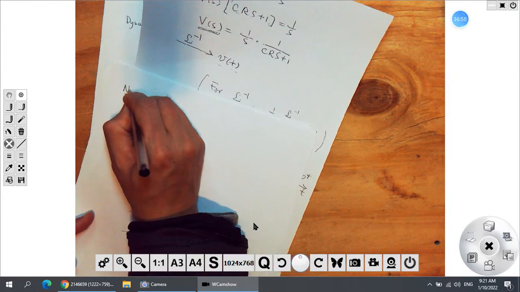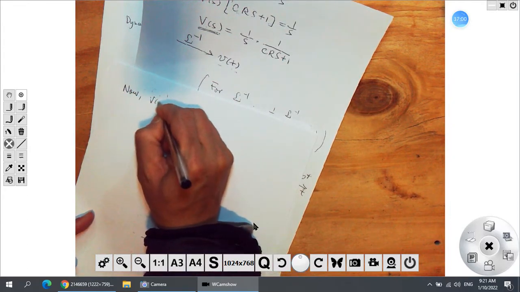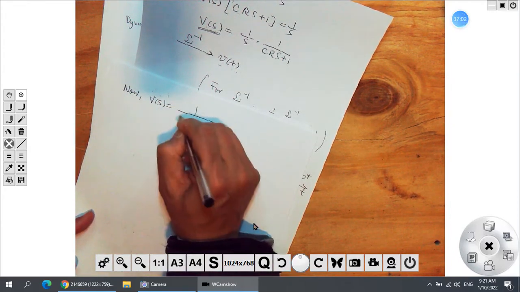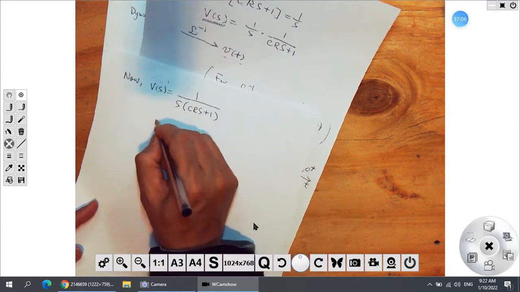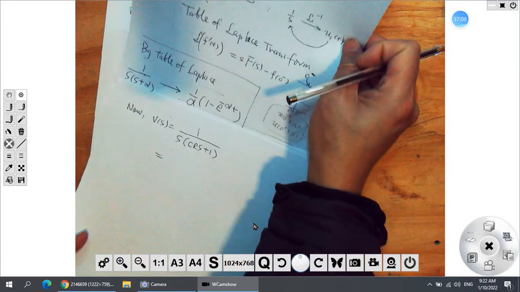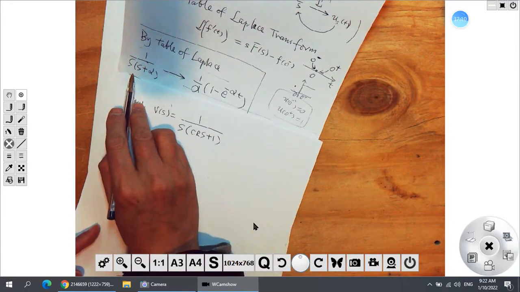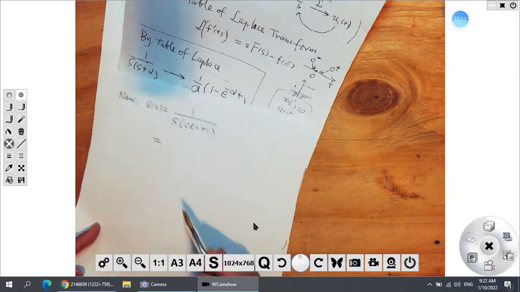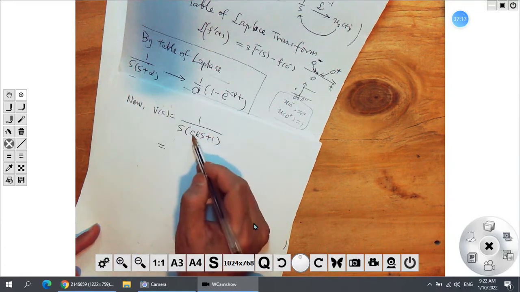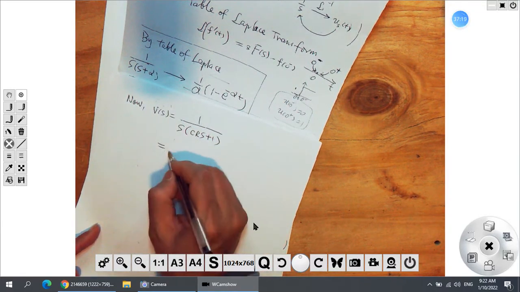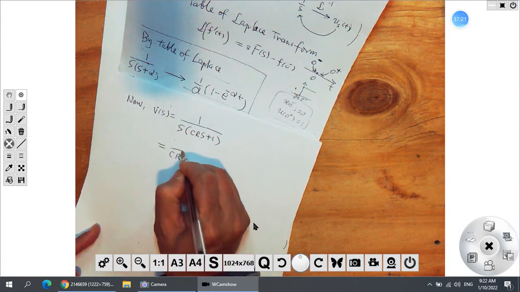Now V of s is 1 over s times CRs plus 1. We want to write it this way. 1 over s is okay. This needs an s, so I move this CR in front of it: 1 over CR in the front.